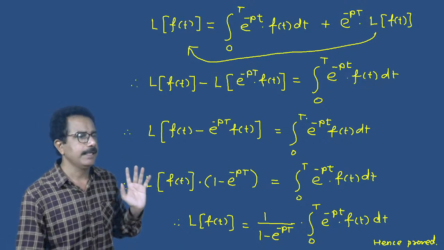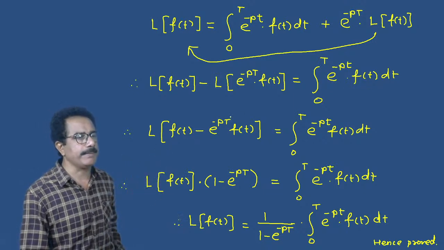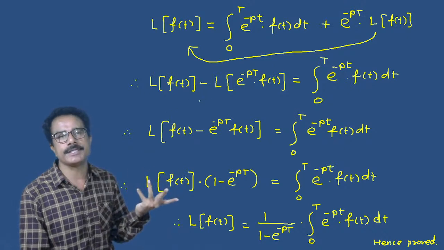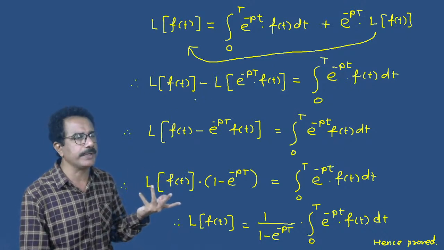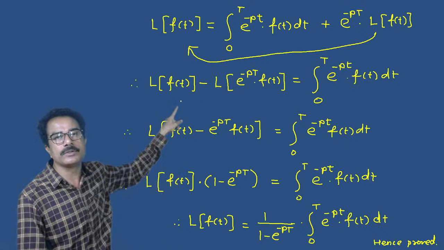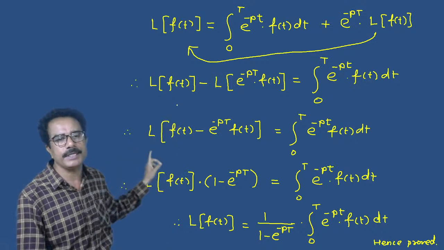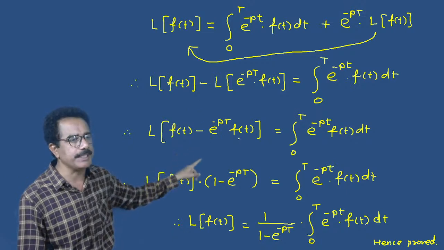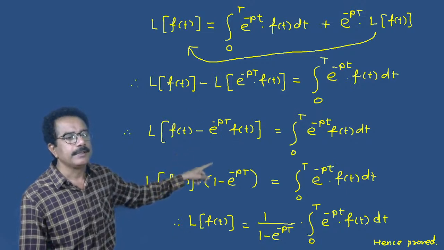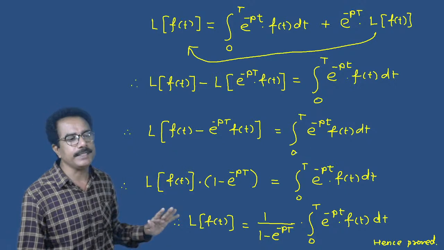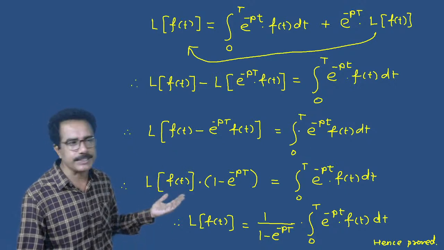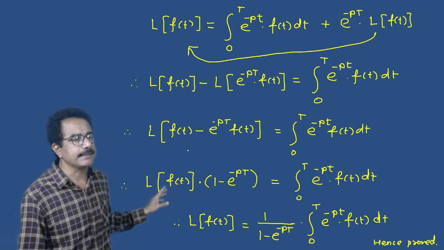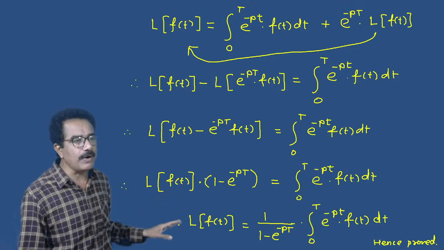Is it okay? Now the Laplace transformation is a linear transformation, so according to the linearity of the Laplace transformation, L of f of t minus e raised to minus pT L of f of t is equal to, on the right side, the integral from 0 to capital T as it is. Then you can take L of f of t as common.